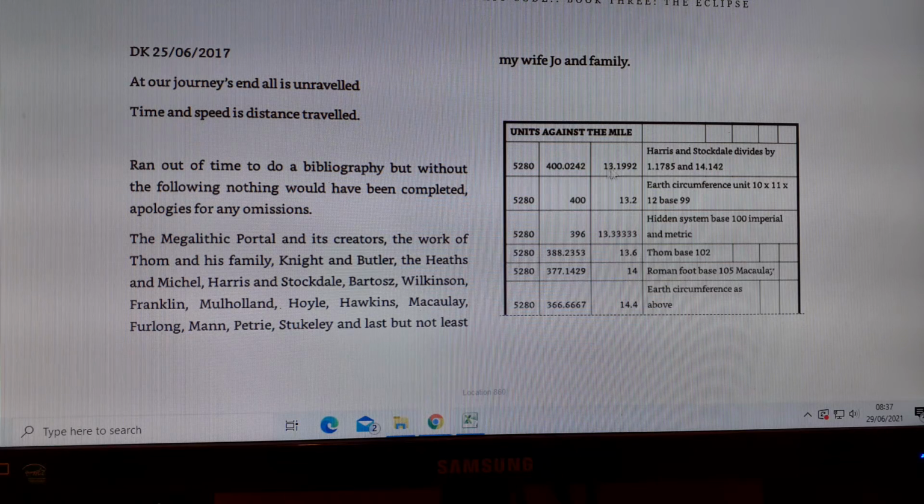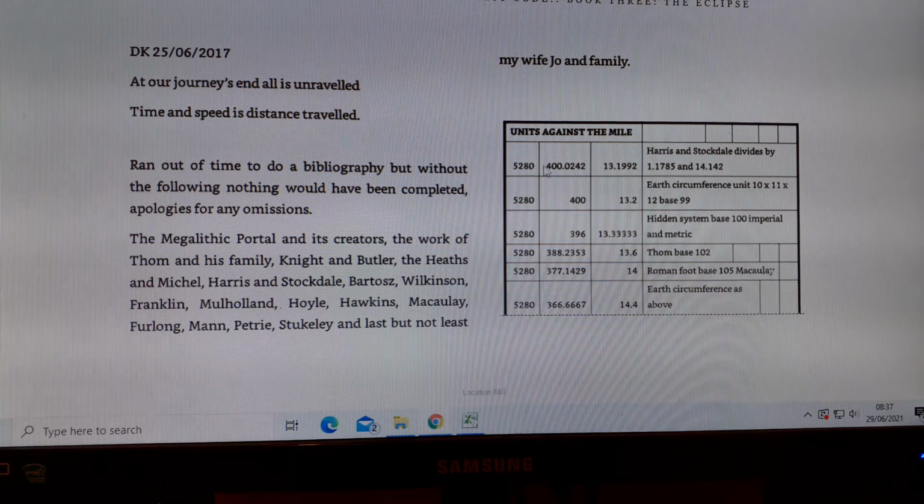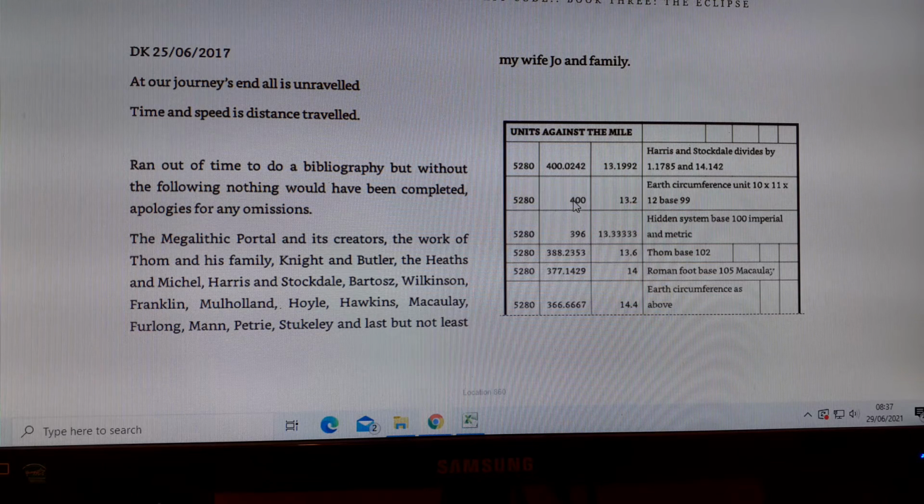And it puts us above the scale effectively, because the scale finishes at 400. But it puts Harrison Stockdale's unit at the top of this table, which I thought was very appropriate, so I did it. But dividing 5280 by 400 gives 13.2, and I've said that's an Earth circumference unit, 10 times 11 times 12, and is base 99.